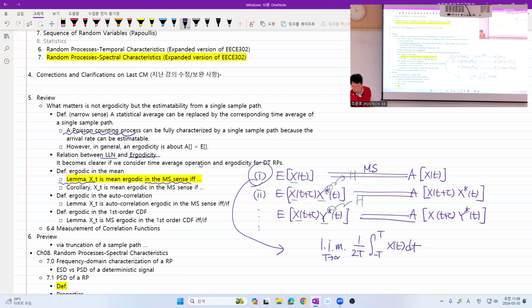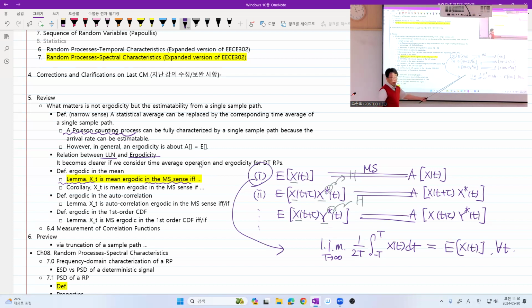And here T goes to infinity. And you say this is the same as the mean function for all t. So this is the mean square ergodicity in the mean function over random process x of t.